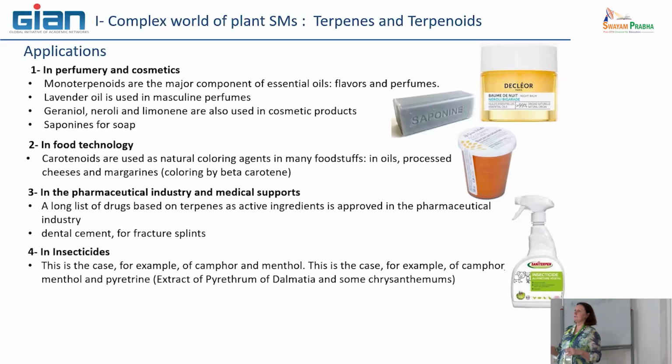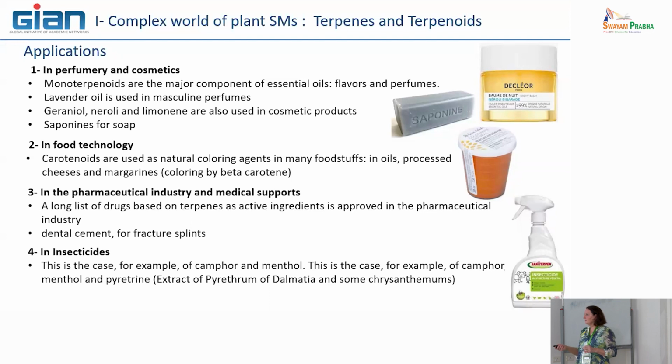In food technology, carotenoids as vitamins are obviously one of the biggest targets. Okay, in the pharmaceutical industry, the list is very long of the drugs that include this type of molecule, and lots of them have been approved by the FDA, meaning that they can be commercially used by pharmaceutical industries.